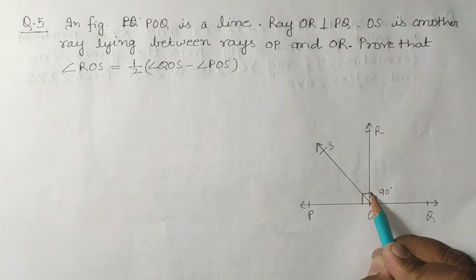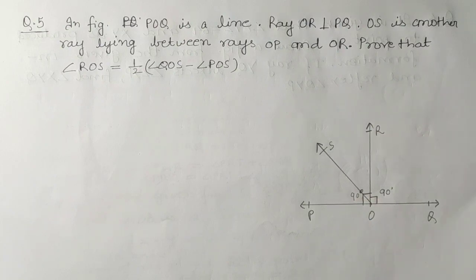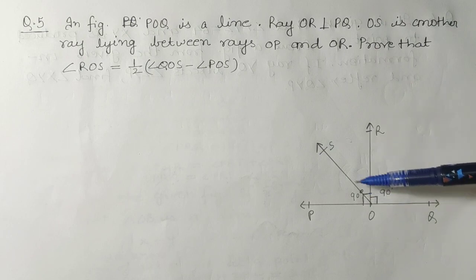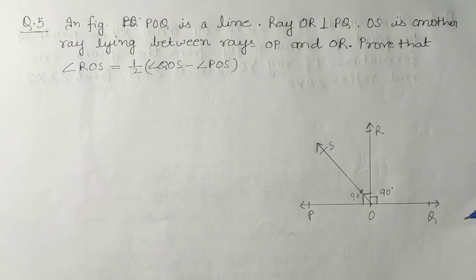Here also and here also it is equal to 90 degree. OS is another ray. See, this ray OS is another ray lying between rays OP and OR. Prove that angle ROS is equal to half of angle QOS minus angle POS.